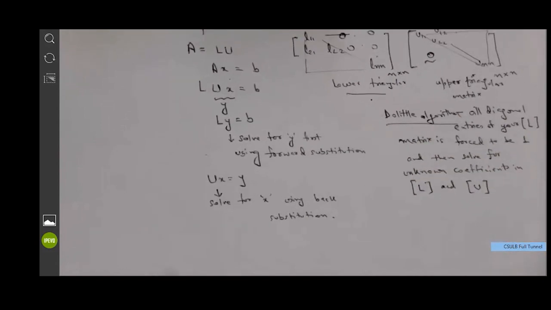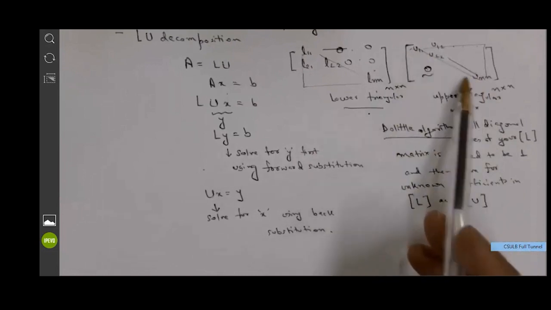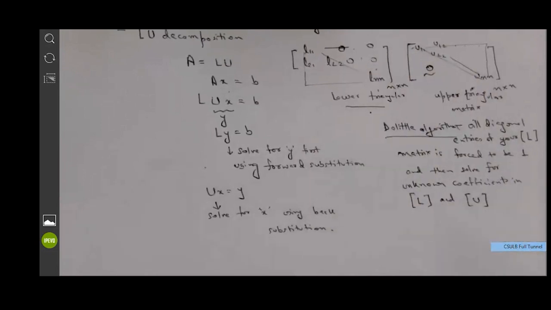Similarly, we have Crout's algorithm. In Crout's algorithm, we enforce the diagonal entries of U to be 1, and then we solve for the unknown coefficients.